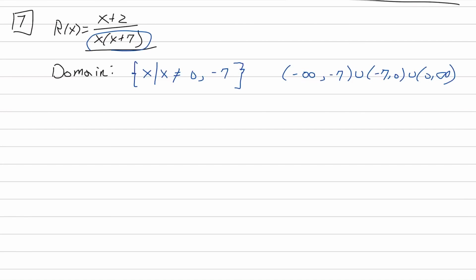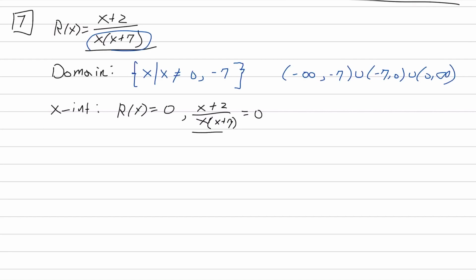Okay. Now let's find the x-intercept. The next part is the x-intercept. In order to find the x-intercept, we have to set the entire function to 0. So we set (x plus 2) over x times (x plus 7) equals 0.